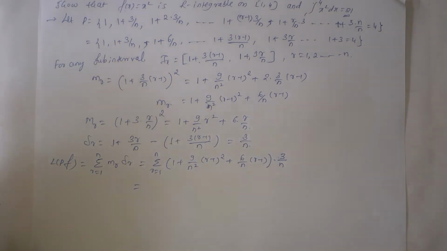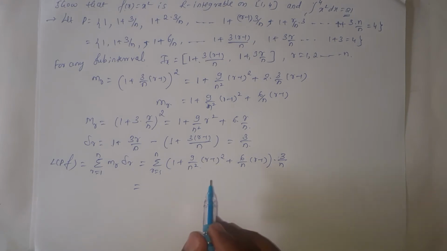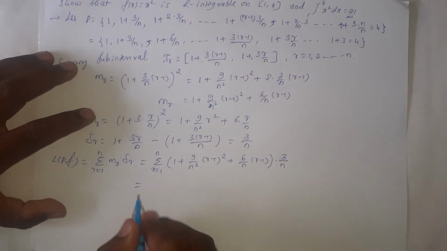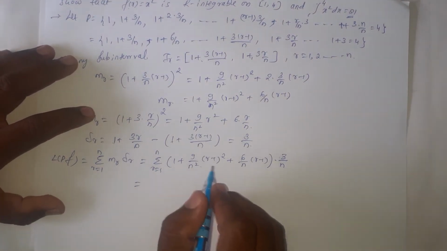Now we can multiply that 3 by n to these 3 terms separately and also apply the summation separately.